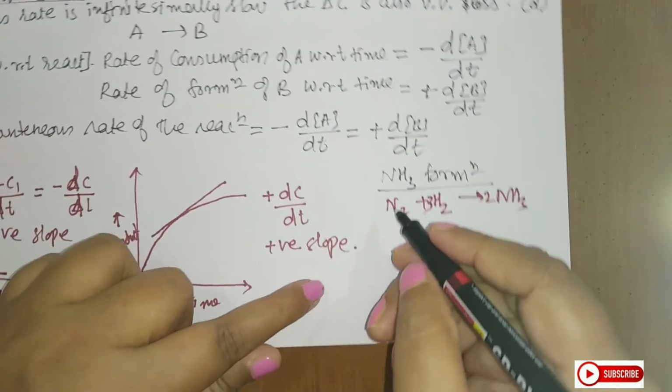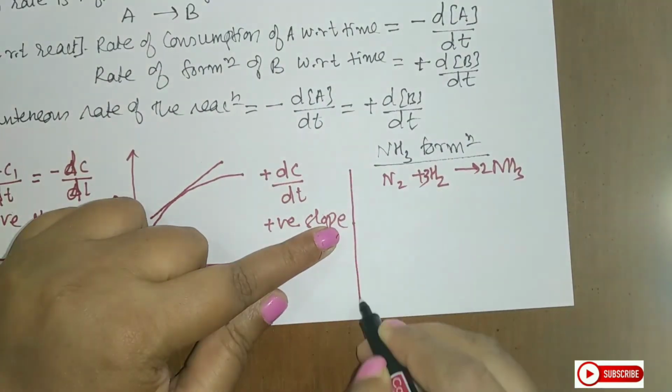How will you write the instantaneous rate? So for that, let us go for this.